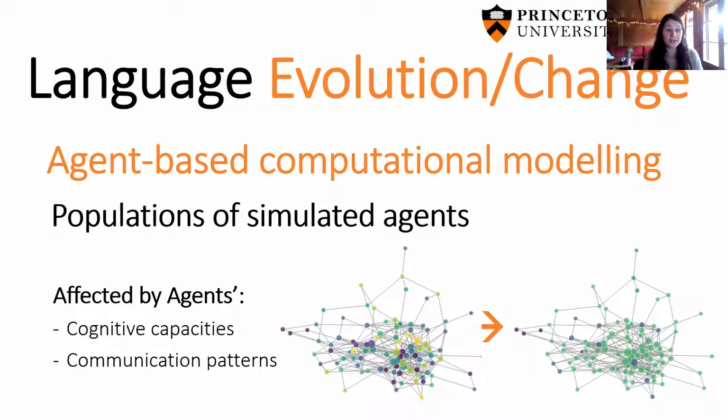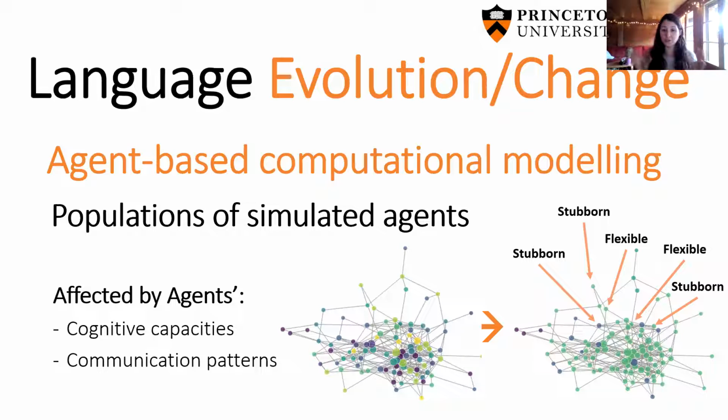Just to give you an example, in some simulations that I've done with Bill Thompson and Will Schiller, we looked at agents' personalities. We manipulated how likely they are to adopt and accommodate to others, to see whether the proportion of flexible or stubborn agents affects convergence. The results of this simulation show that it doesn't actually have such a big impact on language change.